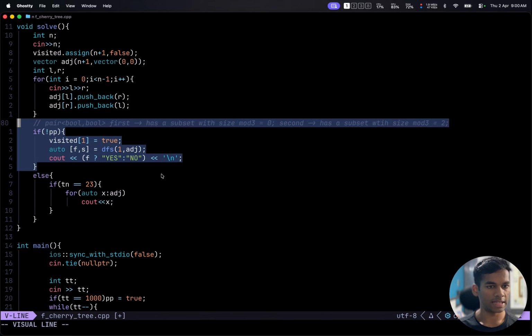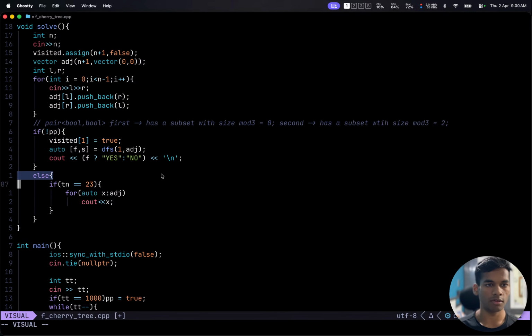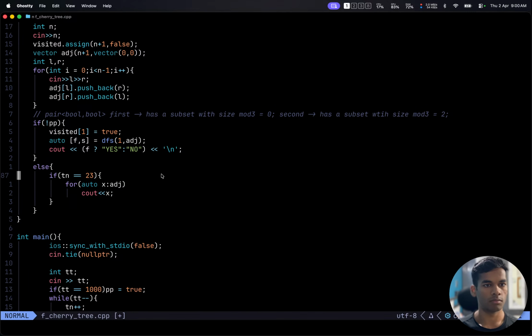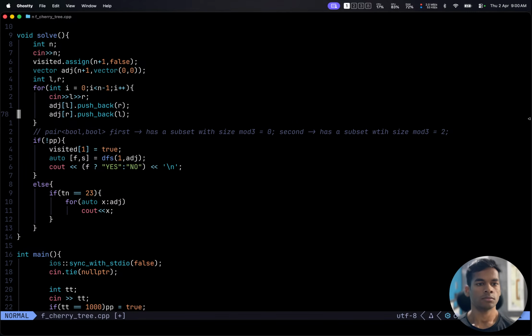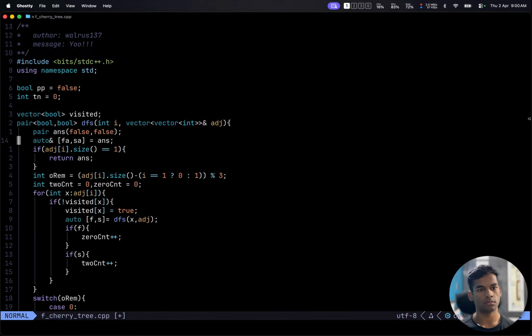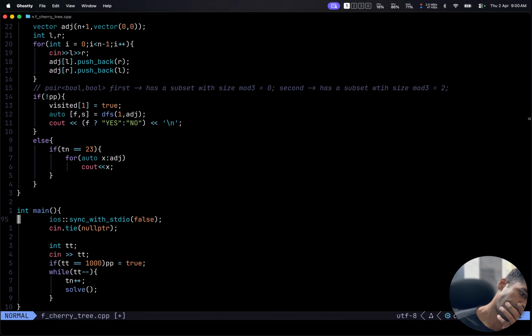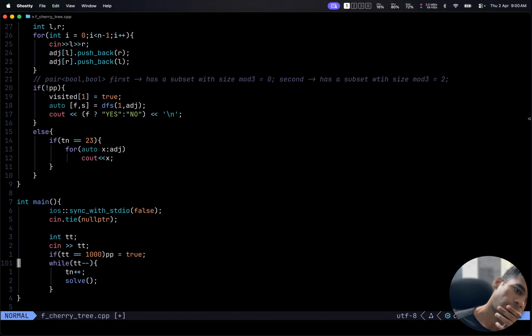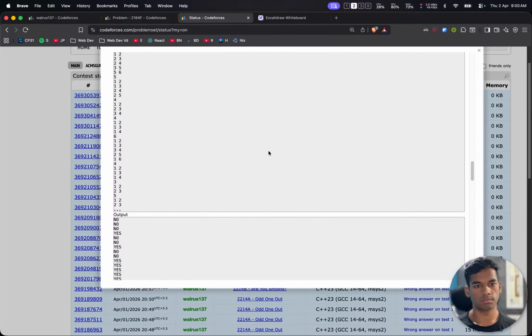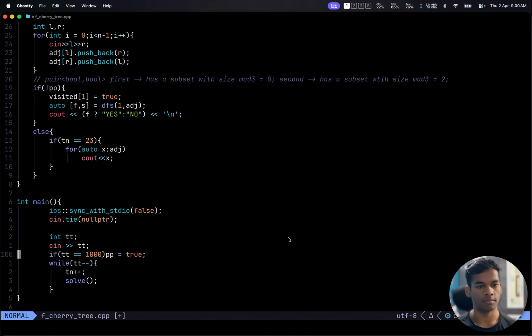Do not output this, only output this when PP is false. When PP is true, output this.